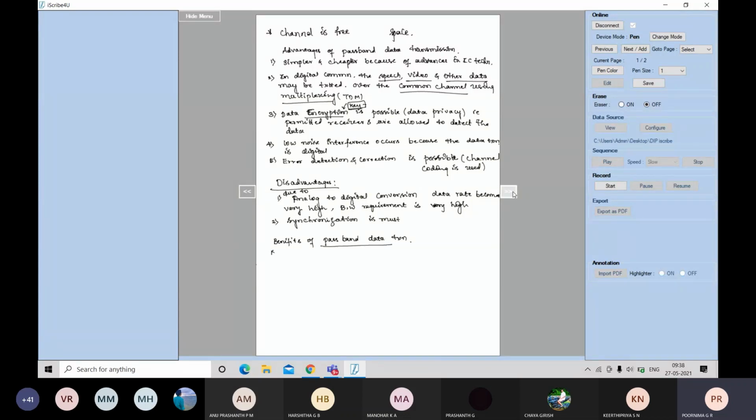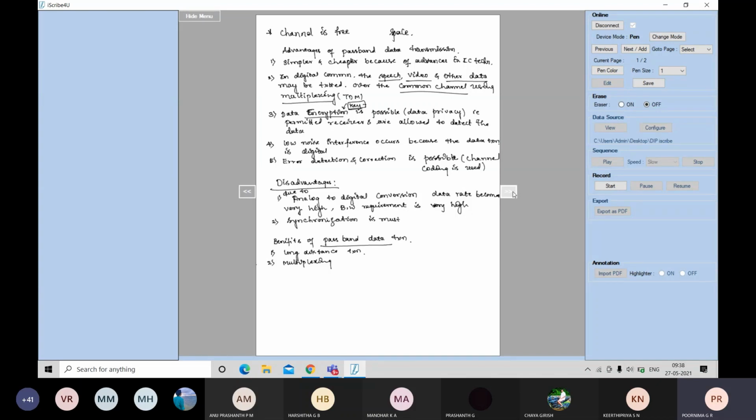One advantage, long distance communication is possible. Long distance transmission. Second one, multiplexing techniques can be used for bandwidth conversion. So TDM, what will this TDM do?